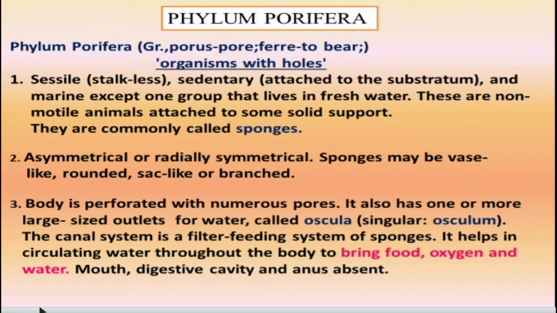The second one, asymmetrical or radially symmetrical. The body of the organism cannot be divided into equal halves. Sponges may be vase-like, rounded, sac-like or branched. They look like a mug, a pot, round in shape, or branched, all attached to some solid support. The body is perforated with numerous pores.